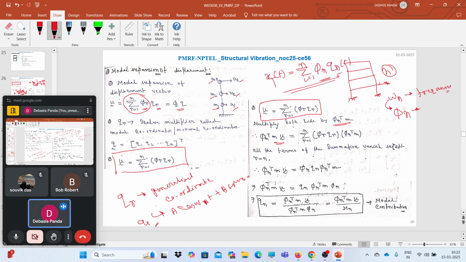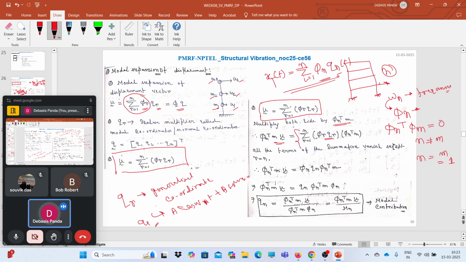Now here you can see the orthonormal property and orthogonal property of the mode shape. We know phi n transpose phi m will be equal to 0 when n is not equal to m, and when n equals m we will have the value 1.